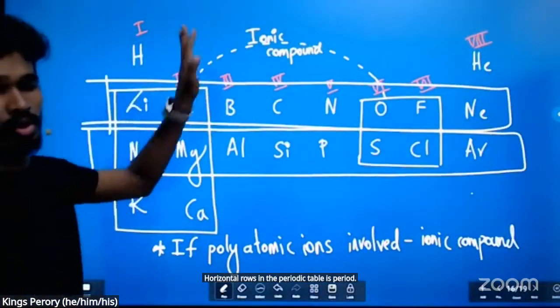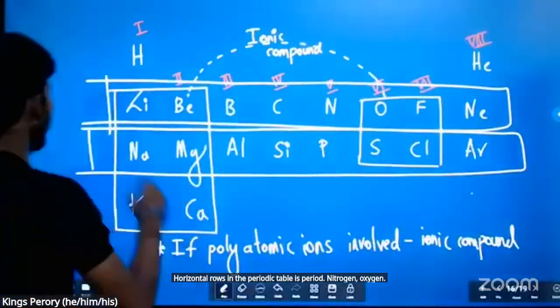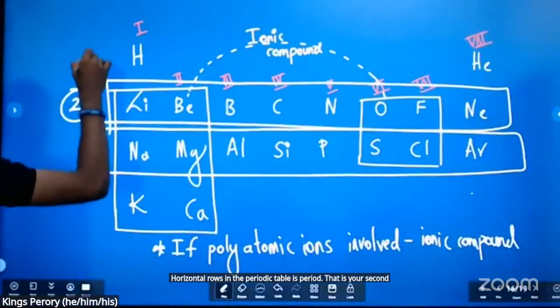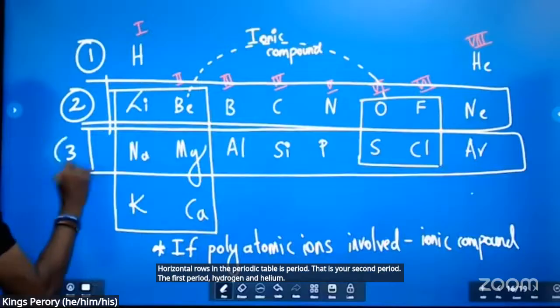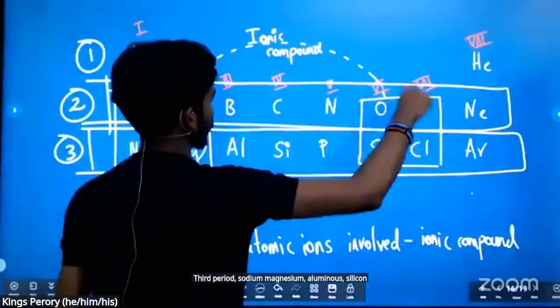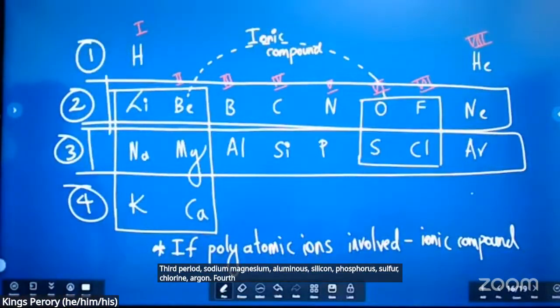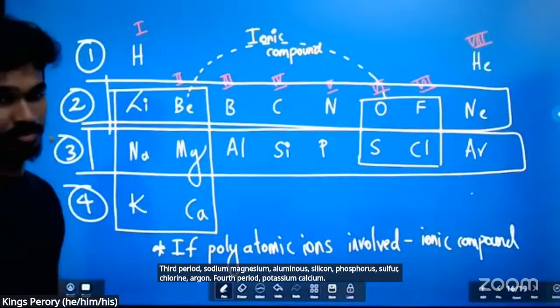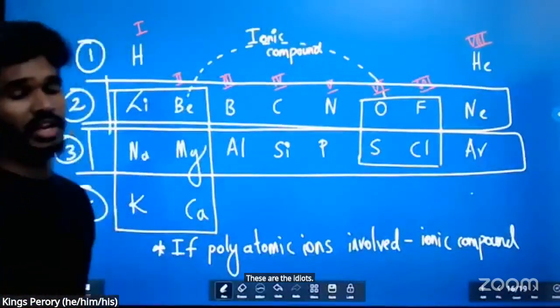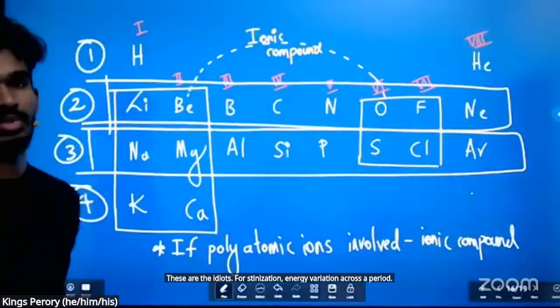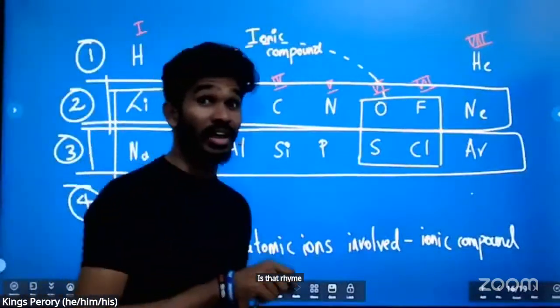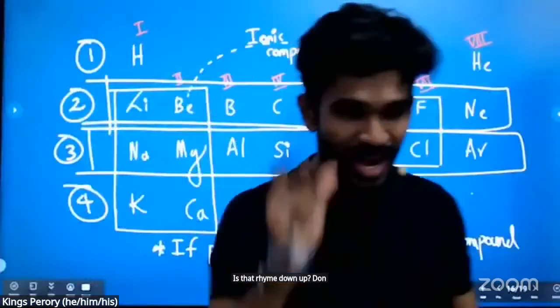Lithium, beryllium, boron, carbon, nitrogen, oxygen, fluorine, neon. That is your second period. The first period: hydrogen and helium. Third period: sodium, magnesium, aluminum, silicon, phosphorus, sulfur, chlorine, argon. Fourth period: potassium, calcium. These are periods. First ionization energy variation across a period follows that rhyme. Down, up, up. Down, up.